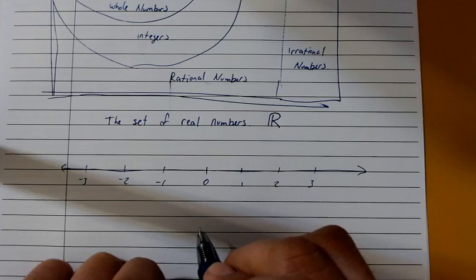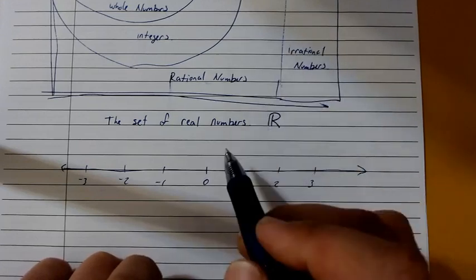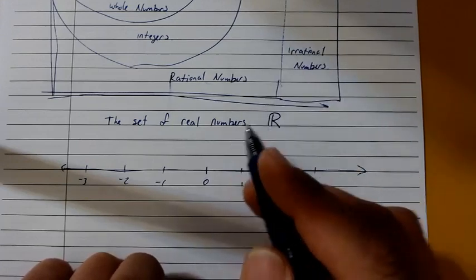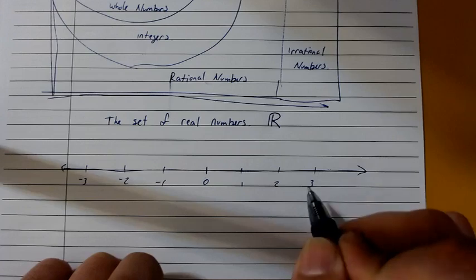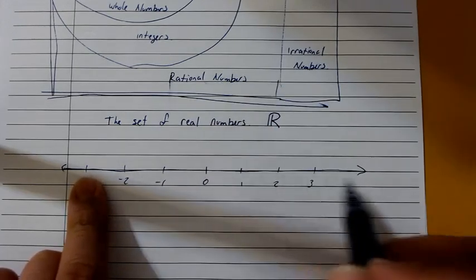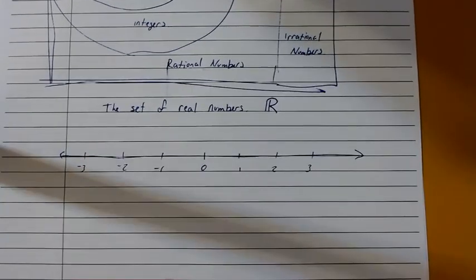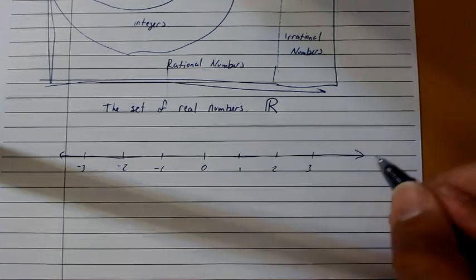That's the same as 2 1/3, so a little bit past 2. Or you want an irrational number, something like pi, 3.1415. Well, that's a little bit past 3. Every number that you could think of is somewhere on this number line. So the number line is a good way of representing the set of real numbers here.